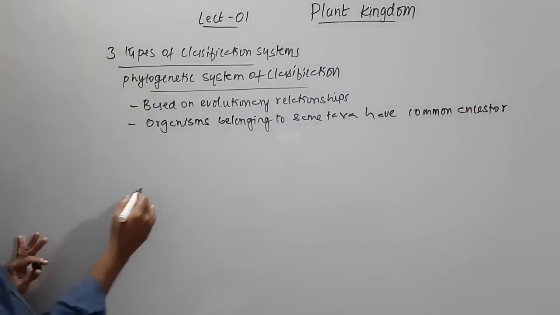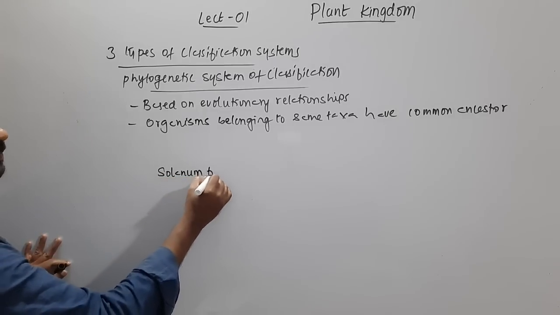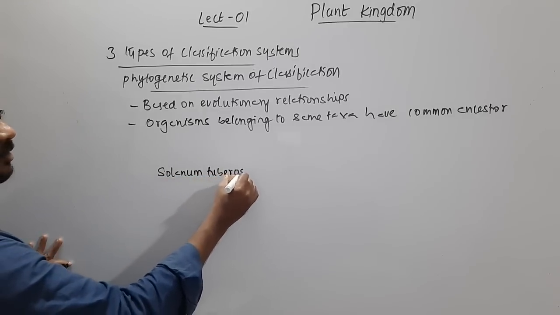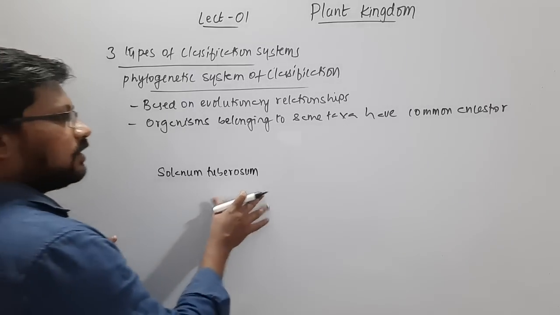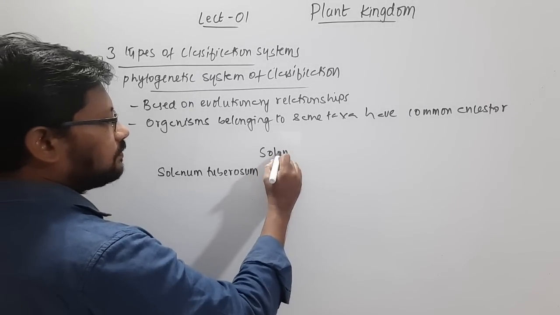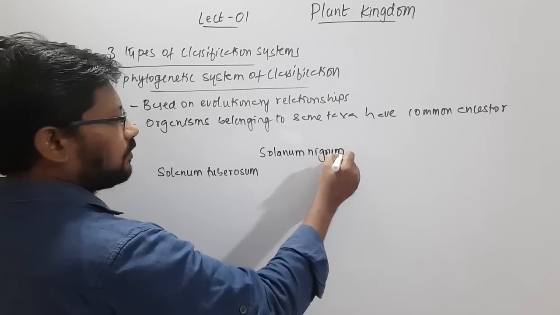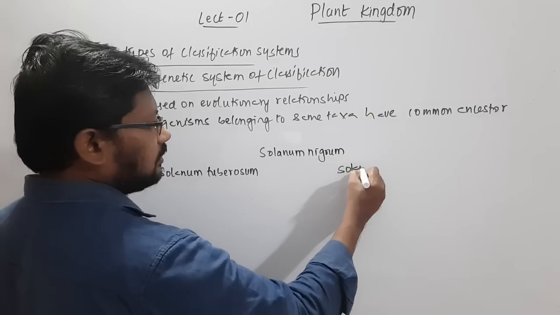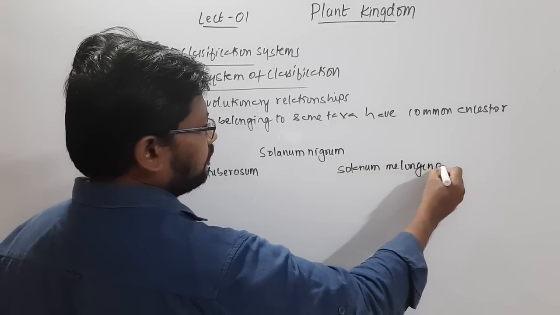For example, if I take Solanum tuberosum, one species, and then Solanum nigrum, and then Solanum melongena.